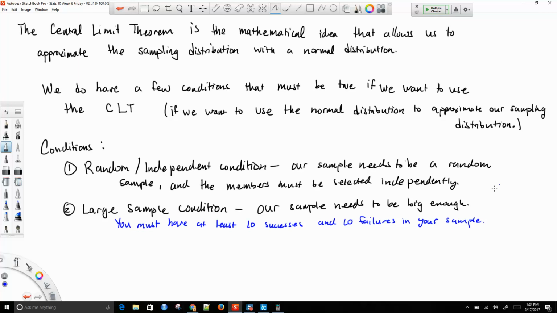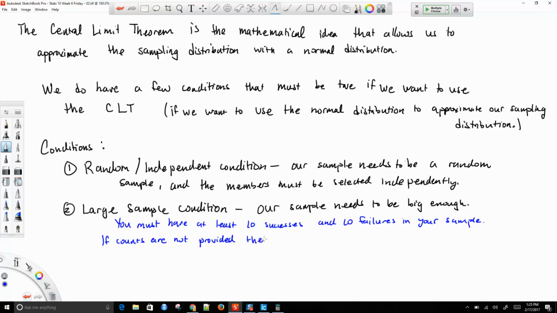So your sample, at minimum, must have 20 observations. The smallest sample that you could have would be 20, where you have exactly 10 successes and 10 failures. Or if counts are not provided, then you've got to figure out the counts yourself.